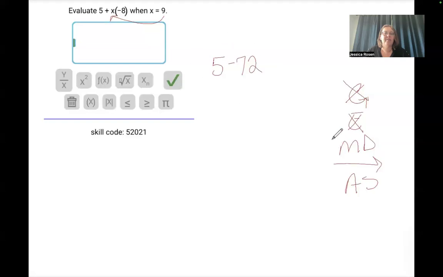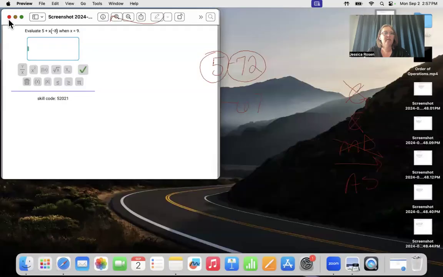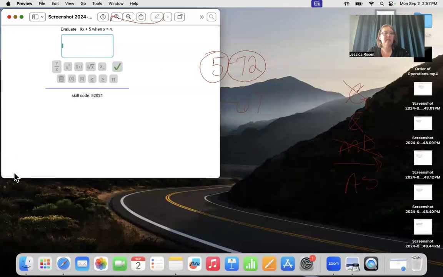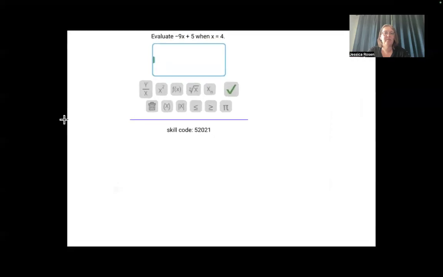Then all we have left there is adding or subtracting. So 5 minus 72 becomes -67. Or again, it's 5 plus -72, either way. I hope that helps as we're going through this. And again, as always, writing things down is always helpful.